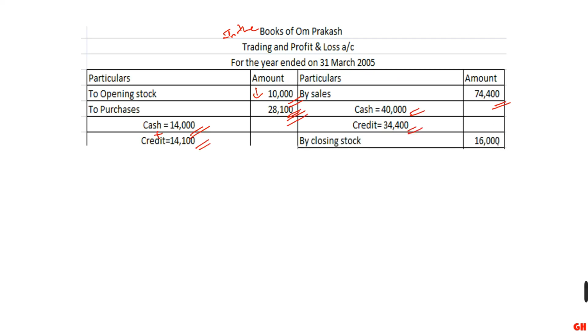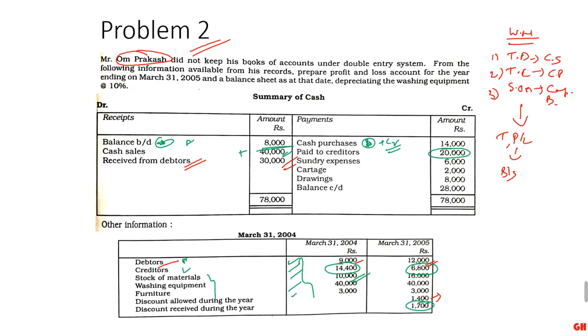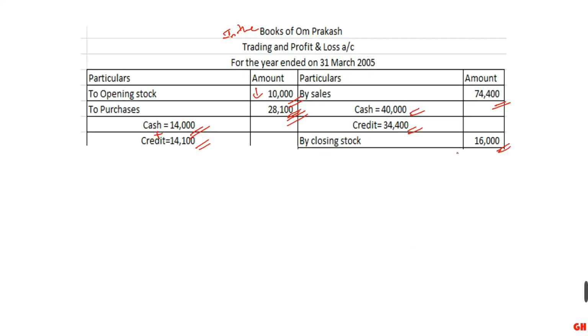By closing stock, we have taken the closing stock of this year. It is mentioned here that stock as on 31st March 2005 is remaining as 16,000. So after using the opening stock plus this year's purchases, still some stock is remaining. This stock will be shown in the trading account as 16,000.